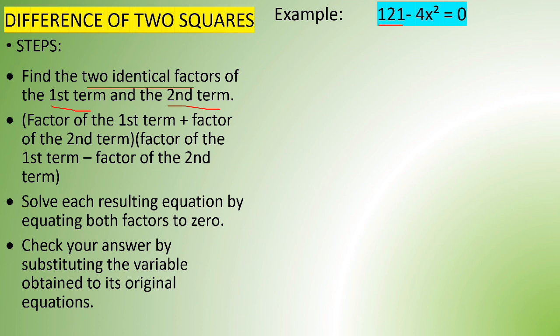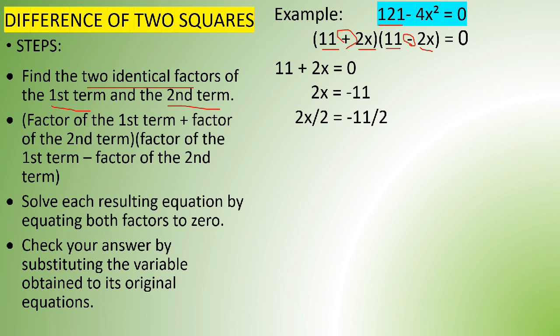Therefore, our factors are 11, 11, 2x, 2x. Again, pareho lahat ang terms, ang sign lang ang magkaiba. So, this is plus, this is minus. Okay? And then, equate na natin siya. 11 plus 2x is equal to 0.